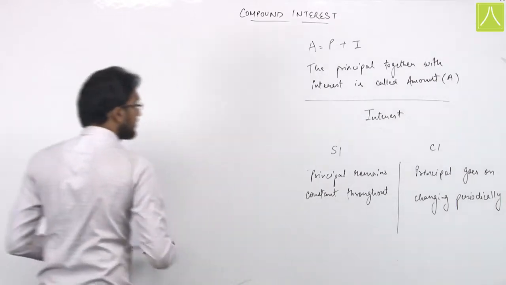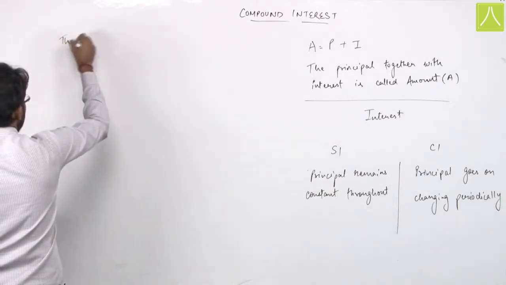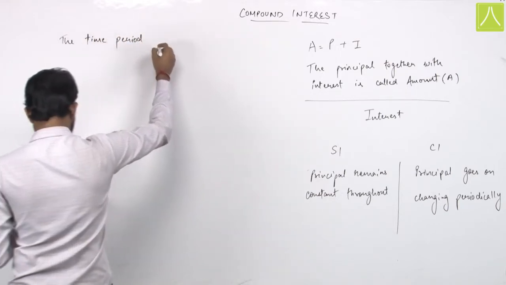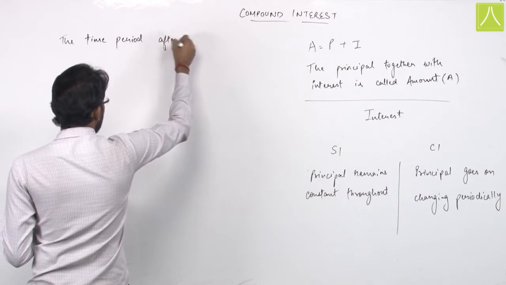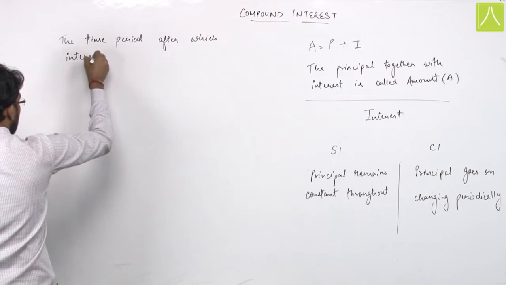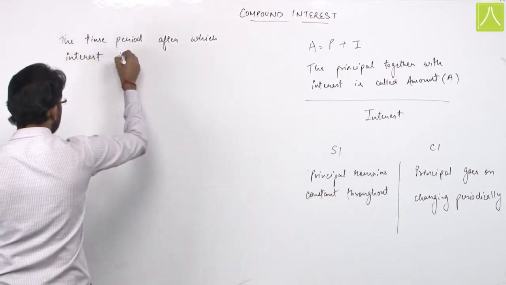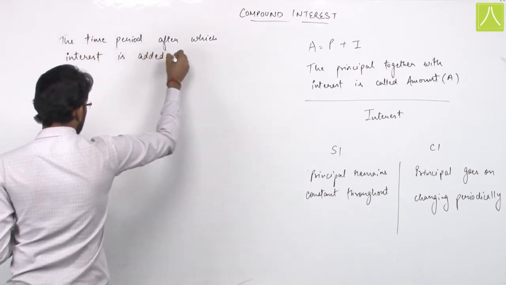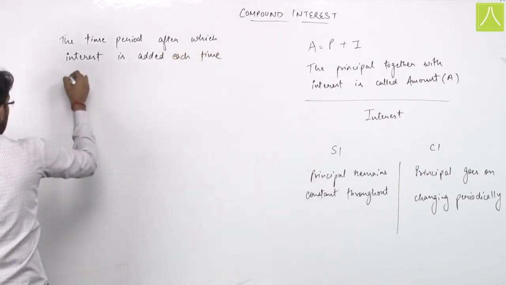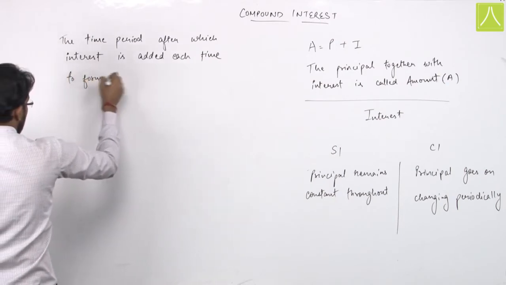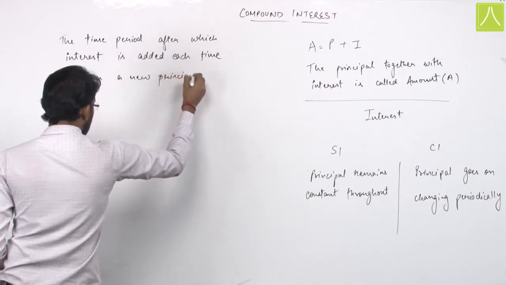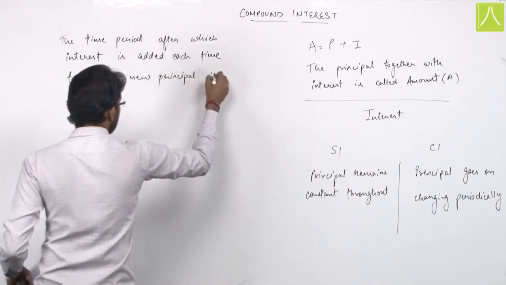So first of all, let us write what the conversion period is. The time period after which interest is added each time to form a new principal is called the conversion period.